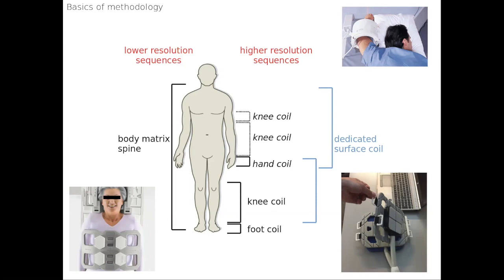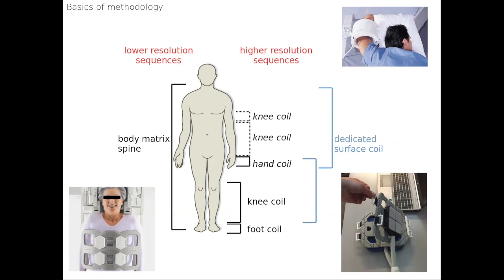For the lower extremities, you can quite well use dedicated foot coils and knee coils, and these dedicated coils give you the possibility to use these high resolution sequences. However, if you use body matrix coils like you have on the left side, you have much less coil sensitivity that gives you less signal, and you can only use lower resolution sequences.